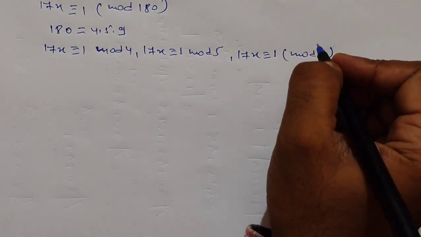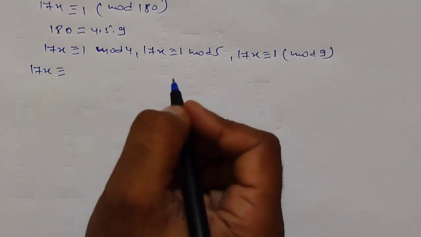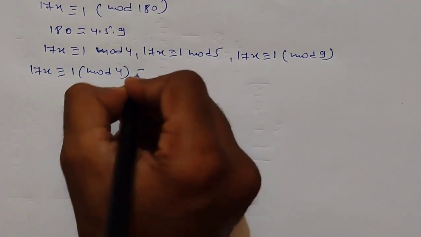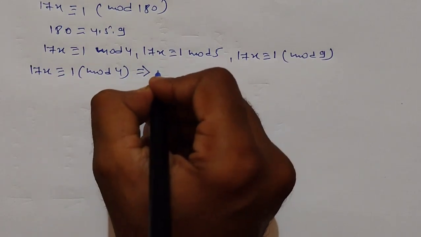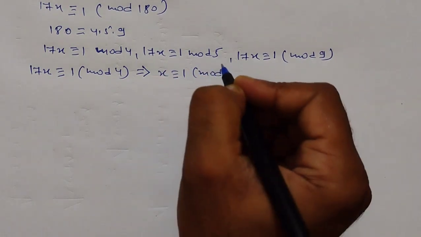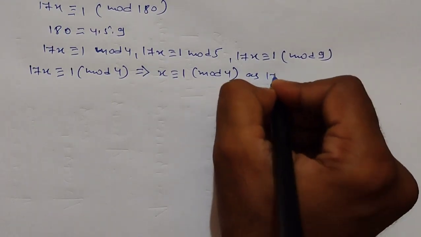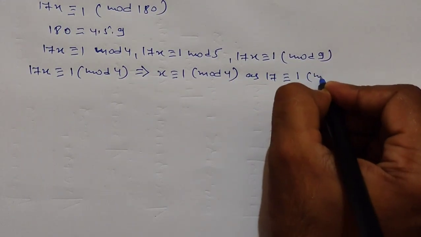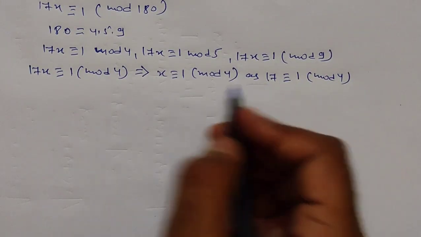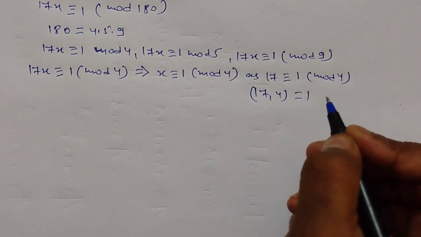Now 17x congruent to 1 mod 4 implies that x is congruent to 1 mod 4, as 17 is congruent to 1 mod 4, because 4 divides 17 minus 1, which is 16, and 17 and 4 have GCD equal to 1.